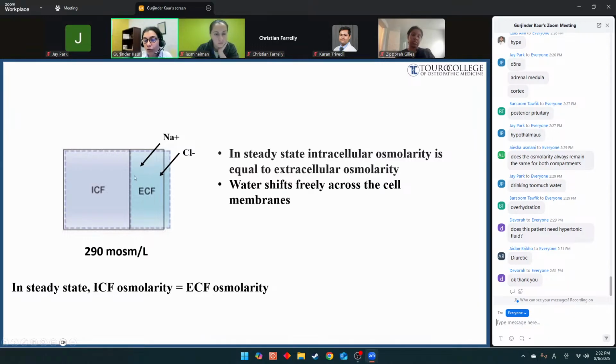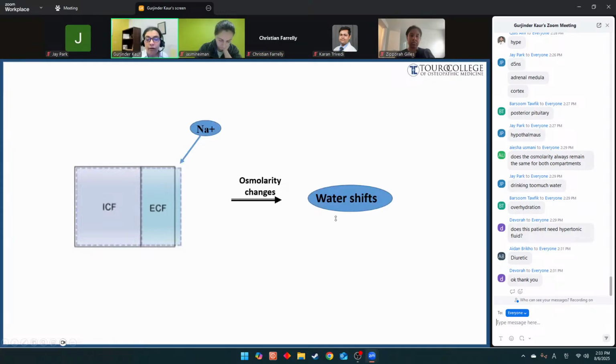So water has to shift so it can bring both compartments to a steady state. As I told you, they have to come to a steady state in and out. So keep that in mind. ICF osmolarity should match ECF osmolarity, and that is driving your water shift across the membrane between the two compartments. Okay, is everyone clear about that? Okay, all right, let's move.